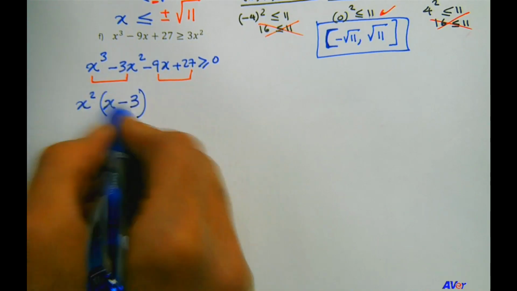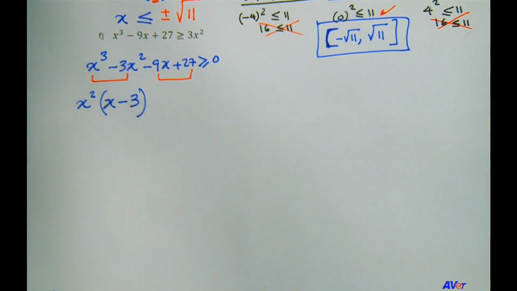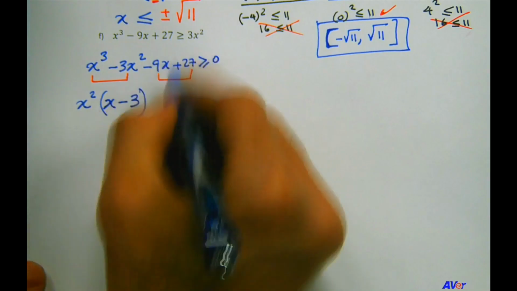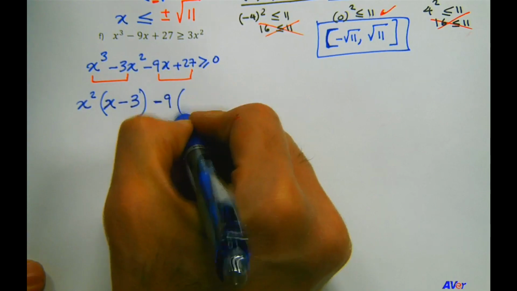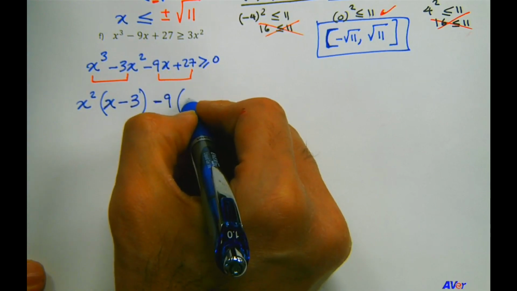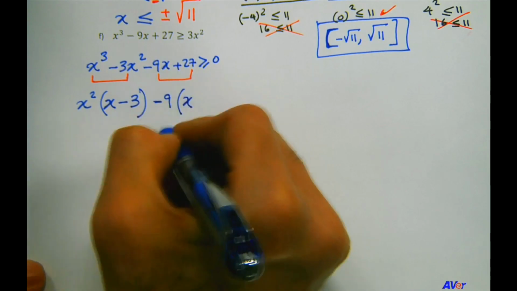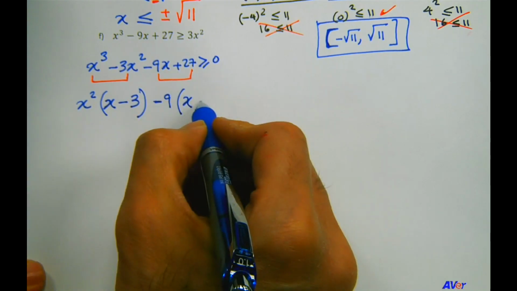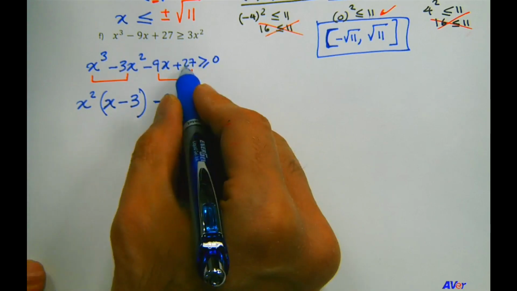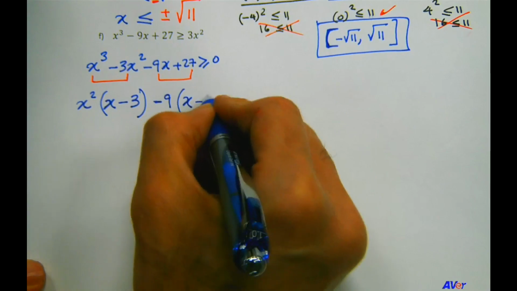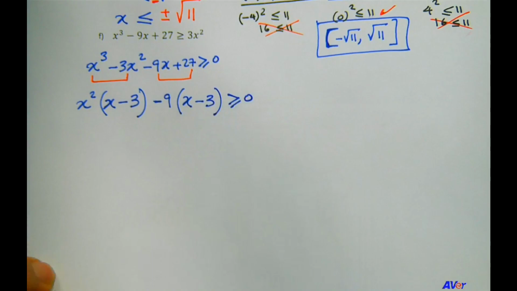If you redistribute this x squared into this parentheses, you should get that result, right? And then minus 9, factor minus 9 from these 2 terms. What should I have here in order to multiply by minus 9 and get minus 9x? Just x. What should I put after x such that if I multiply it by minus 9, I get positive 27? Well, minus 3. Greater than or equal to 0, right?